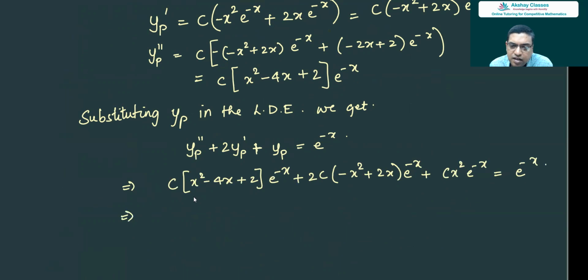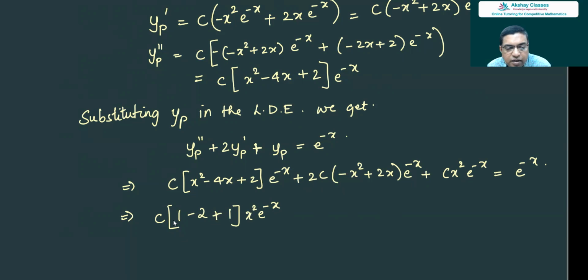So let us collect the terms. The x square terms: c times x square e power minus x, so you have coefficient 1, then minus 2, and then plus 1.